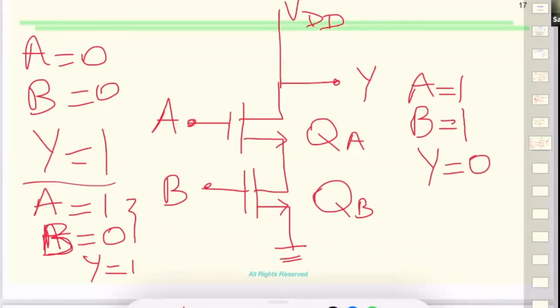What kind of logic do we see here? Think about it. They both have to work together to have a change here. So what kind of logic is this? All right. Would it be an OR?